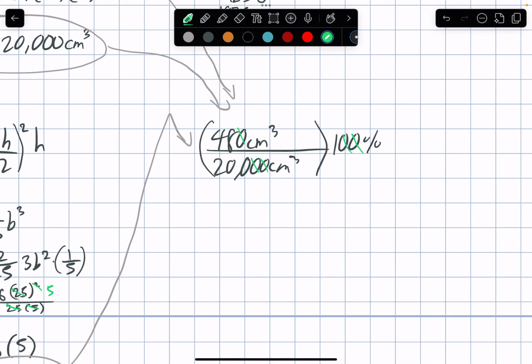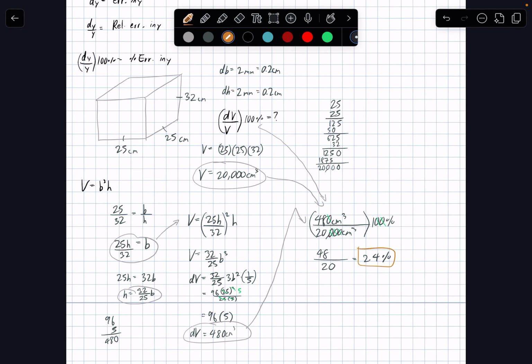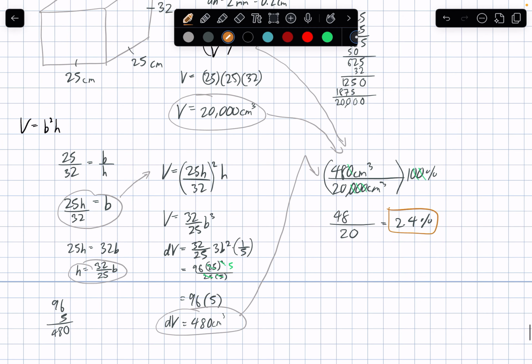Apparently, at least in my class, we weren't permitted to use a calculator, so you have to solve manually. 2.4%. So the percent error in the volume of this shape is 2.4%. That's one way to solve it.